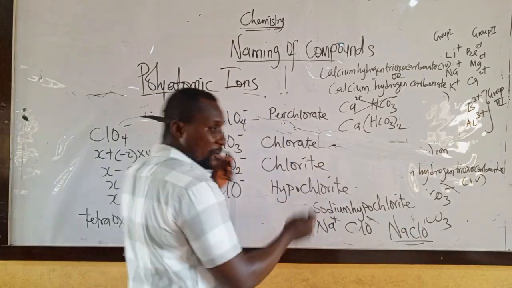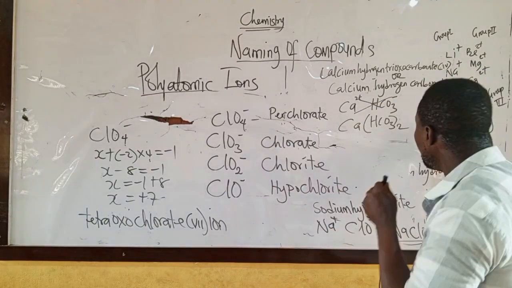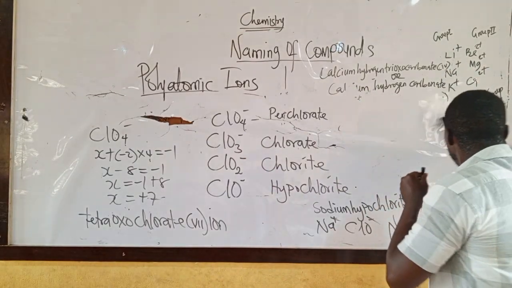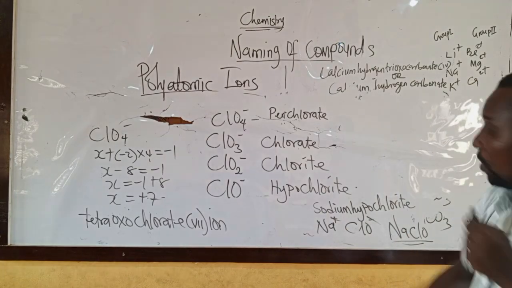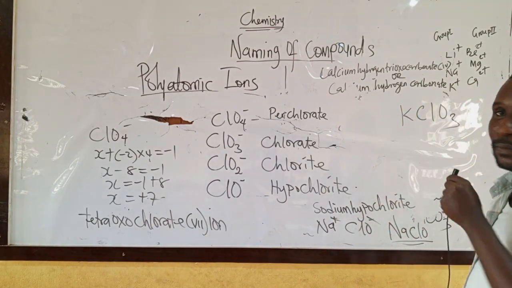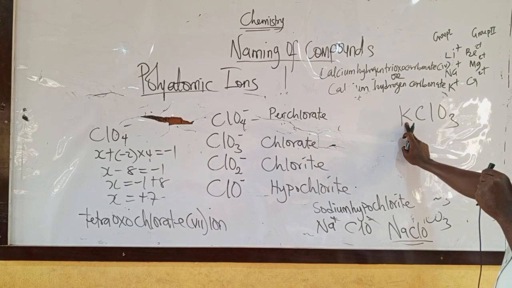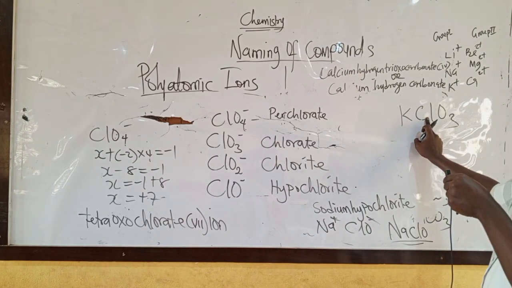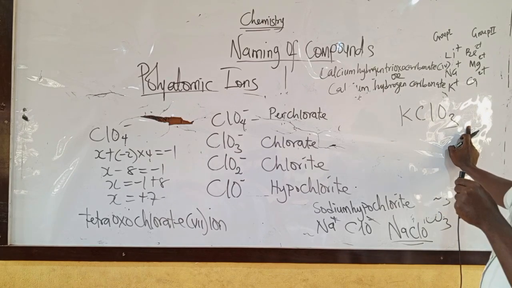Look at this. When you have this, what was the name of this one? KClO3. This is potassium. ClO3 is trioxochlorate(V), or chlorate.